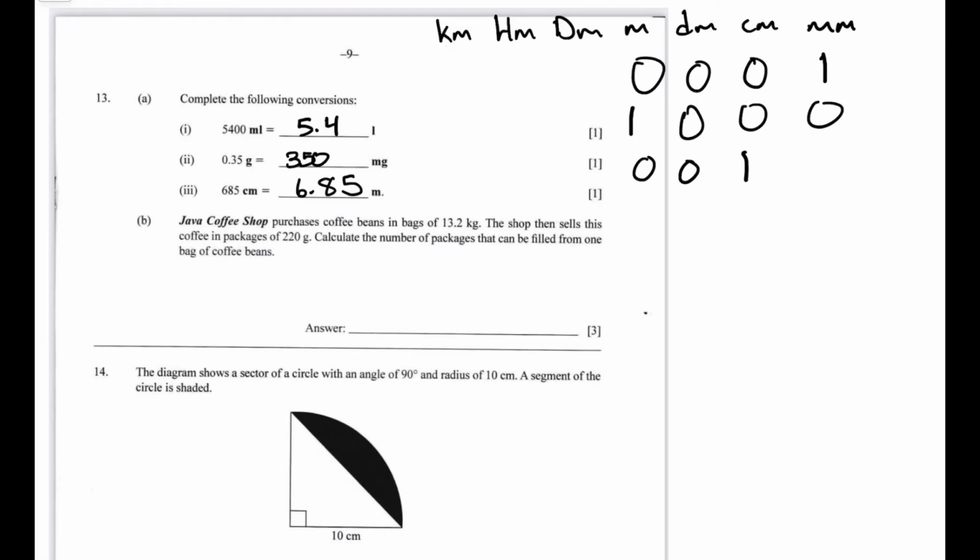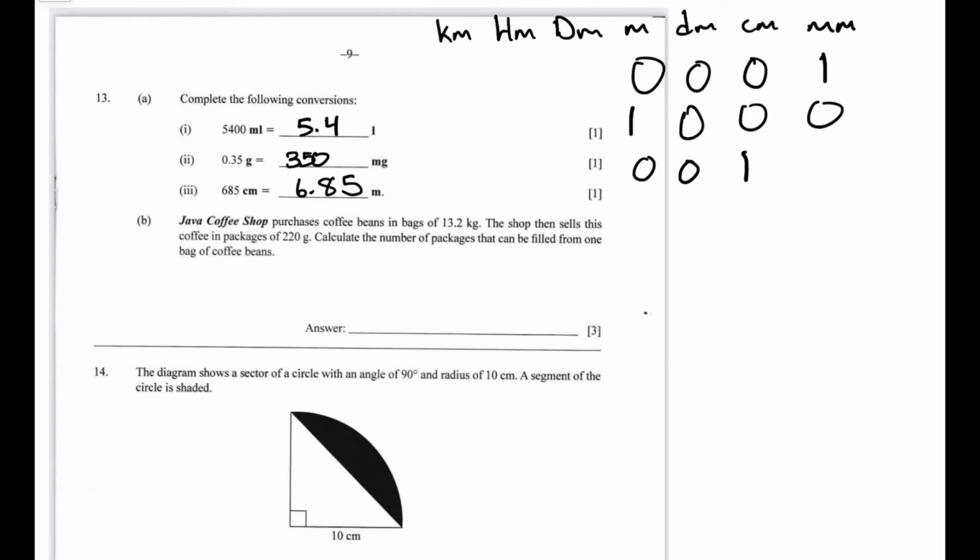Okay, and so for B, it says Java Coffee Shop purchases coffee beans in bags of 13.2 kilograms. The shop then sells this coffee in packages of 220 grams. Calculate the number of packages that can be filled from one bag of coffee beans.